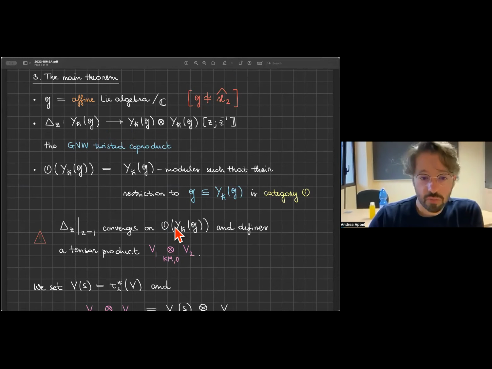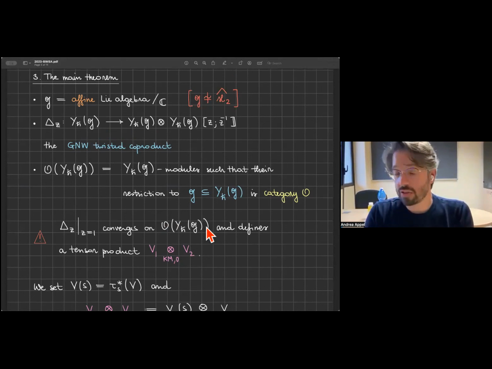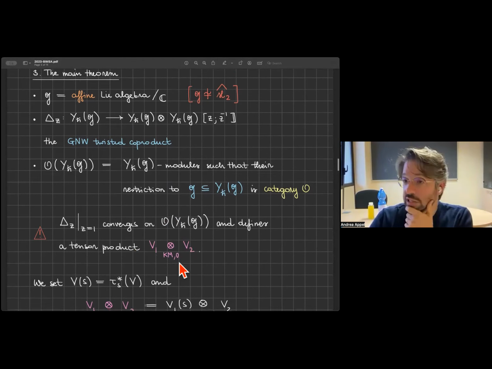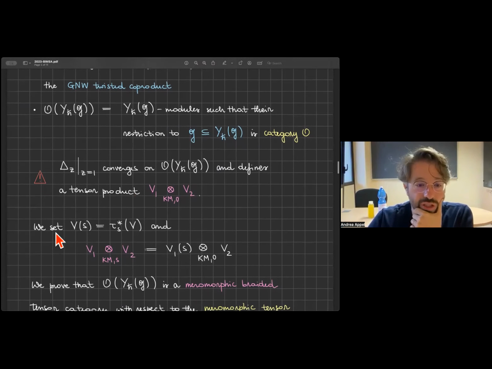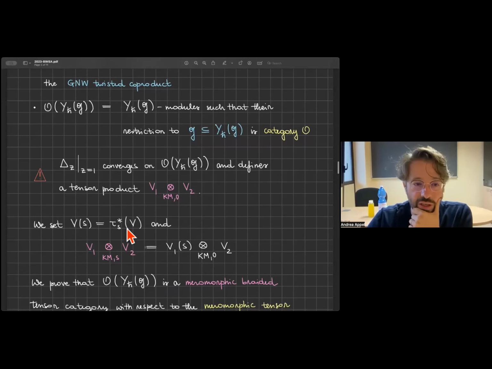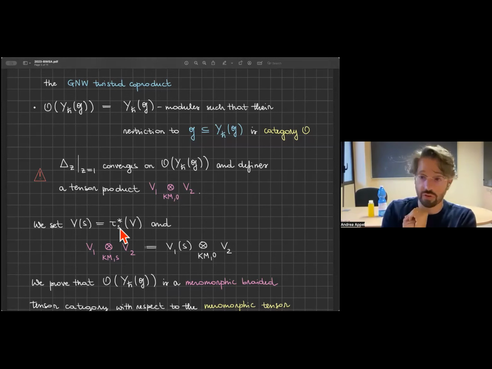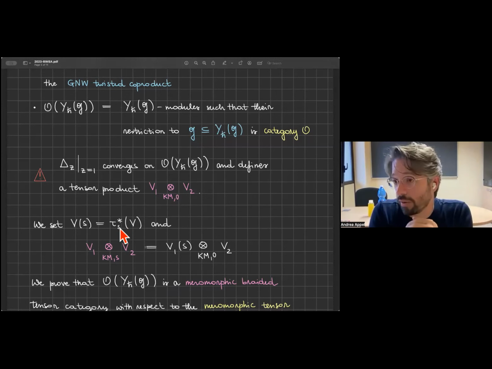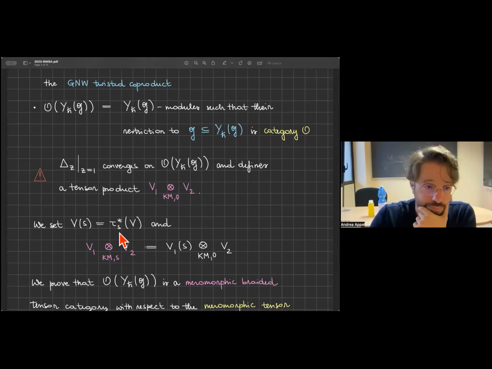So this category O for the Yangian does in fact admit a tensor product, which I'm denoting by this tensor Kac-Moody 0. Now, why is there this 0 here? Because then what I will consider is a parameter deformation of this tensor product. Namely, I can define V_s to be the shift of V, meaning I'm taking V and pulling back by one of these shift automorphisms of the Yangian.